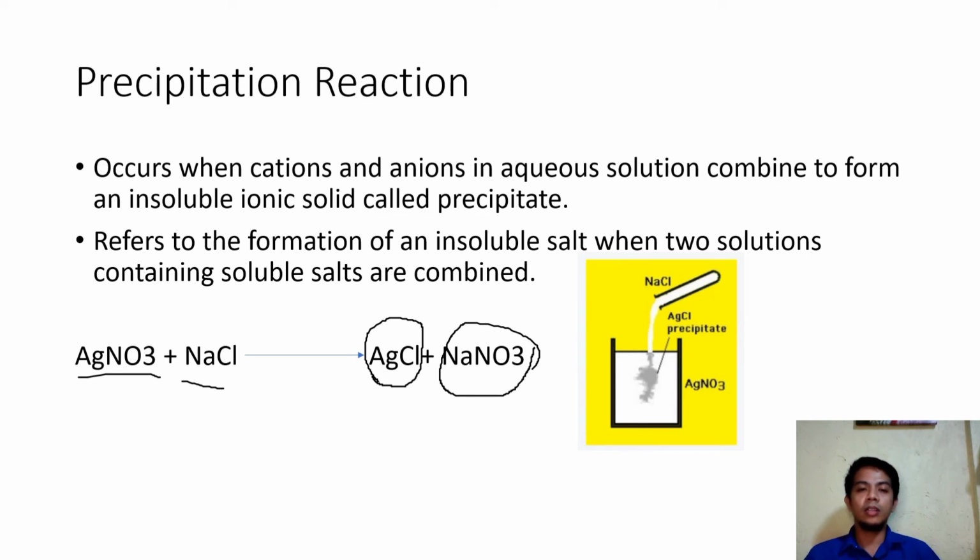So the solid precipitate is silver chloride. This is insoluble and is produced when sodium chloride and silver nitrate combine.